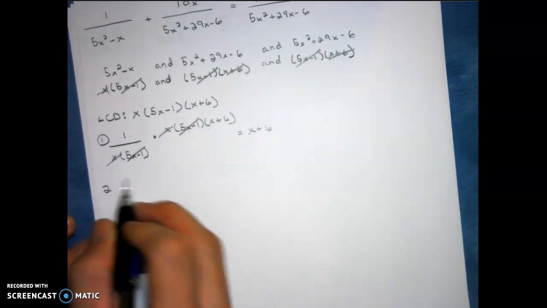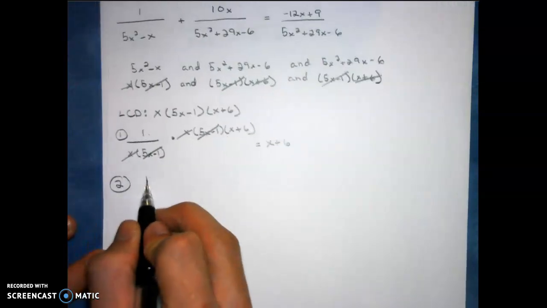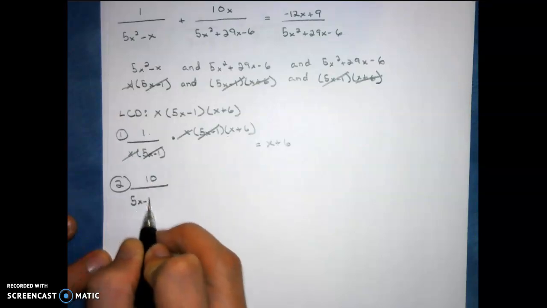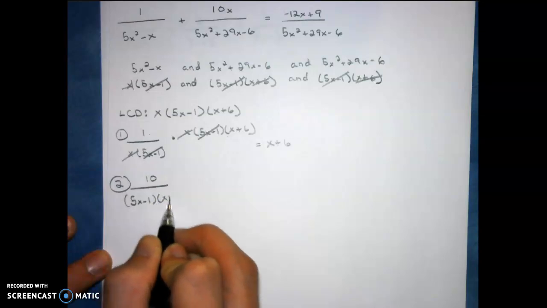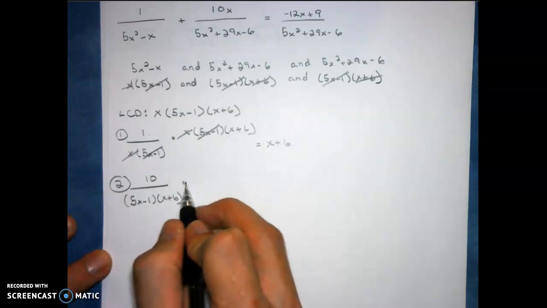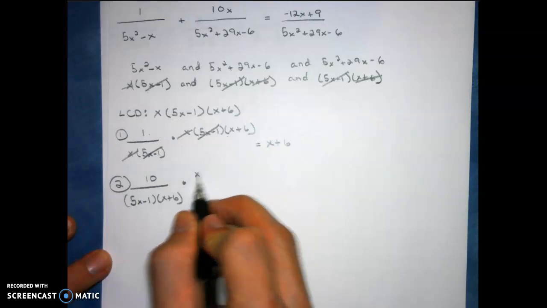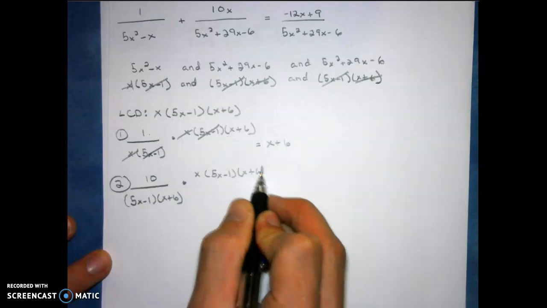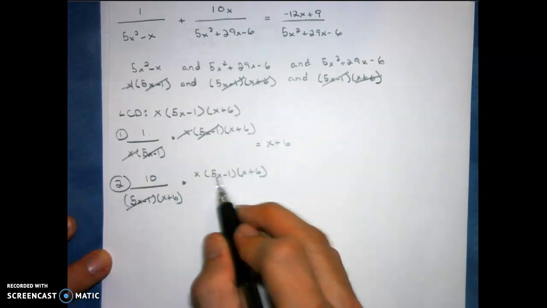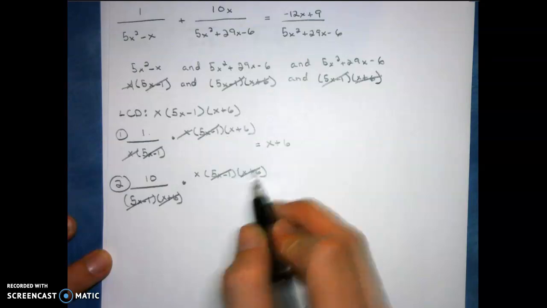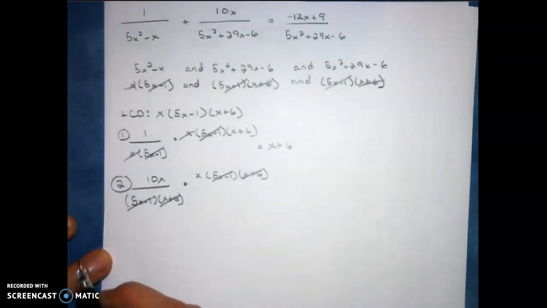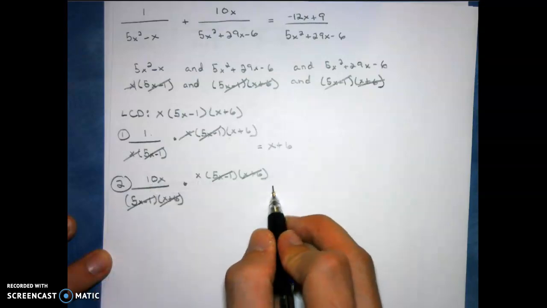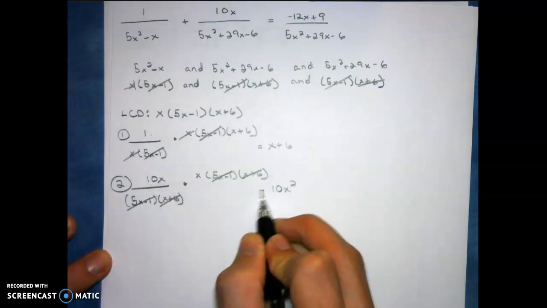Second one, we have 10x over, keep it in factored form, 5x minus 1, x plus 6, multiply by our LCD. Okay, 5x minus 1 canceled, x plus 6 canceled. Forgot about that 10x there. Then we have our 10x times our x. So we have 10x squared for this one.